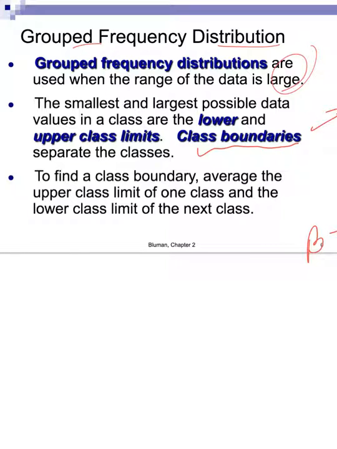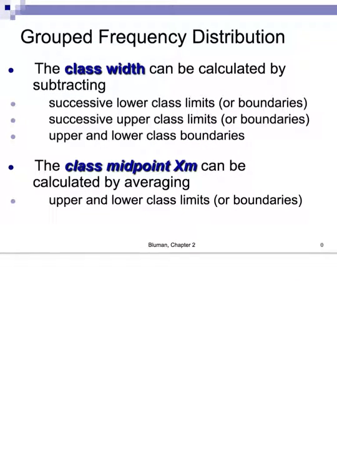Okay, to find your class boundary, here's another way: you can average the upper class limit of one class and the lower class limit of the next class. That to me is a little bit more complicated than just thinking a little bit before, a little bit after, and again take it out one decimal place. This is very important when you create your grouped frequency distribution.